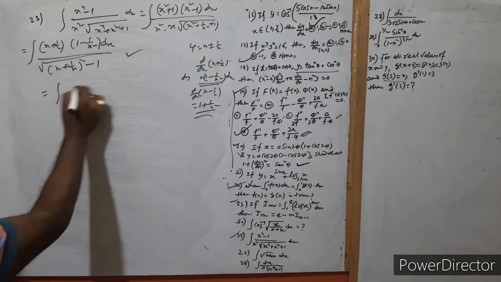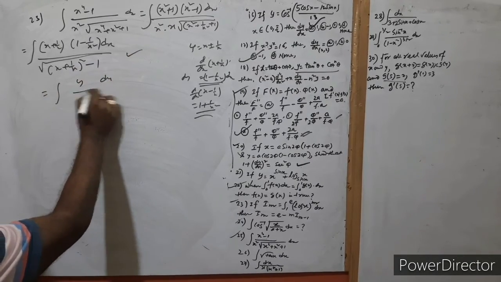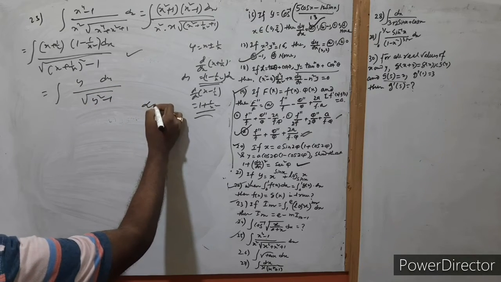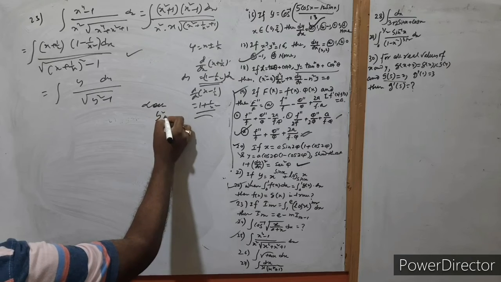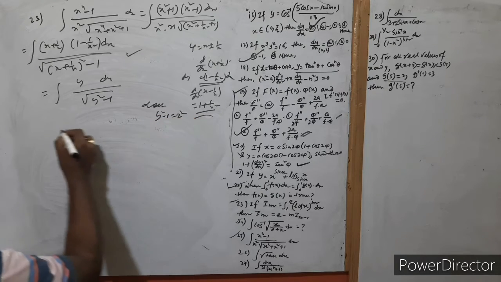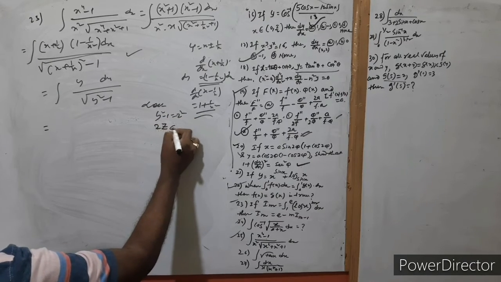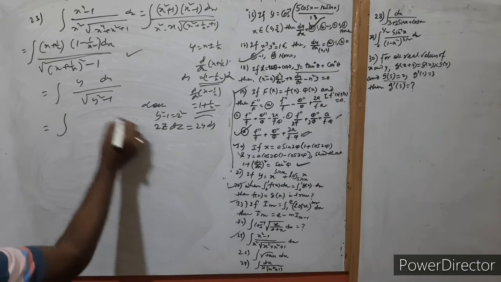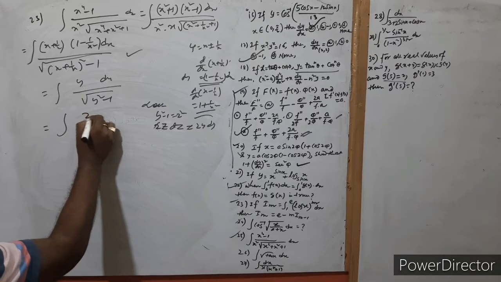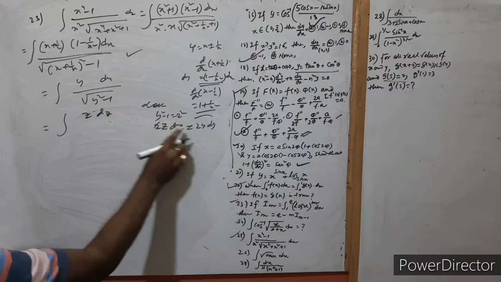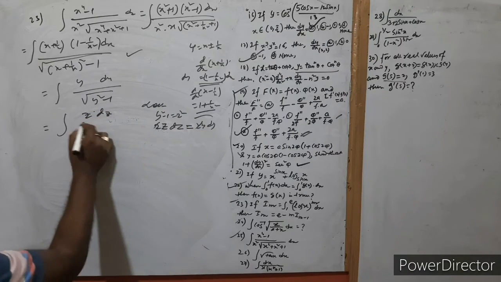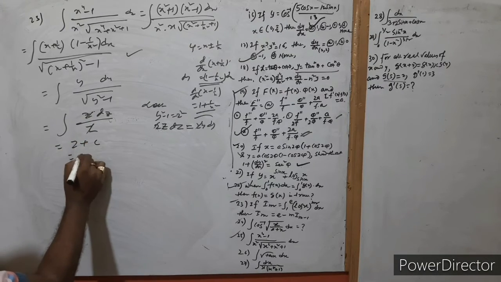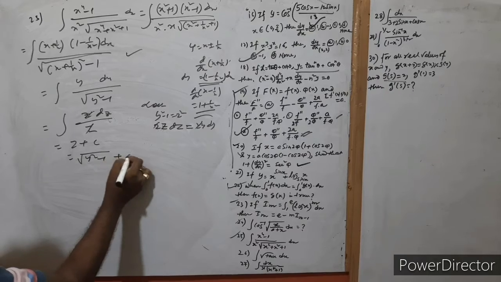So substitute this: this is dy, this is y, and this is root over y squared minus 1. Let y squared minus 1 equal z squared. If we differentiate, we get z dz equals y dy, since the 2s cancel. Integrating gives z plus c, where z means root over y squared minus 1, plus c.